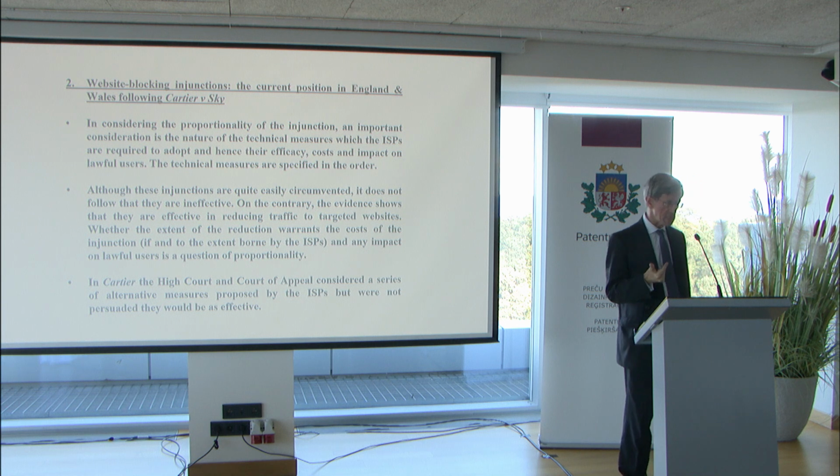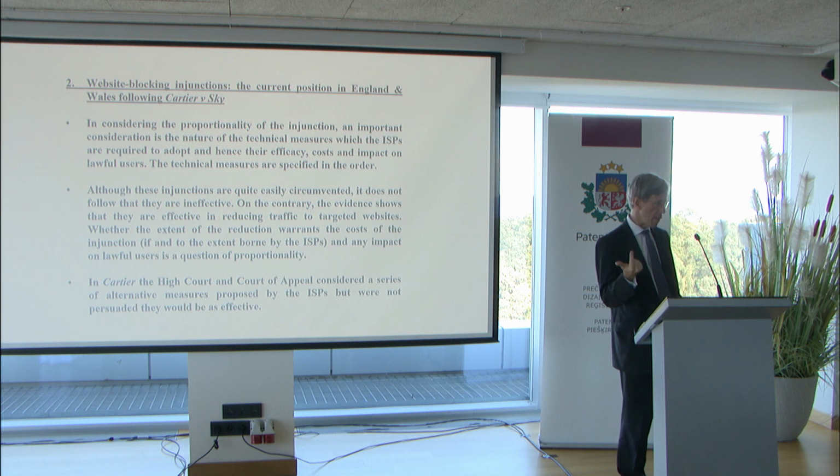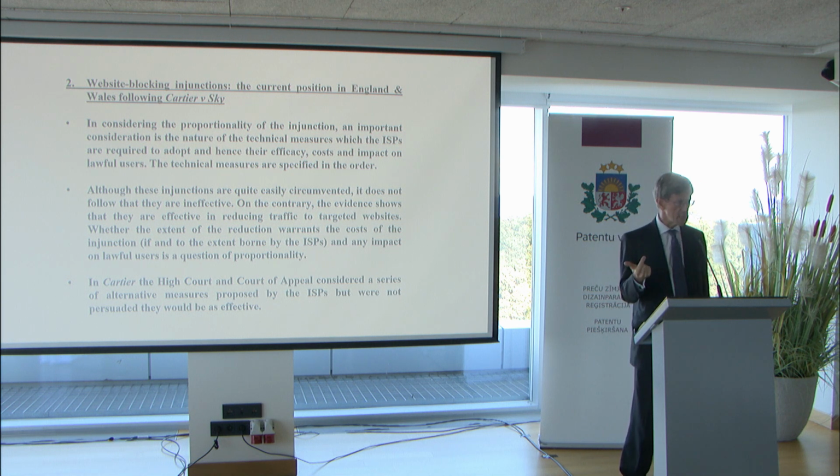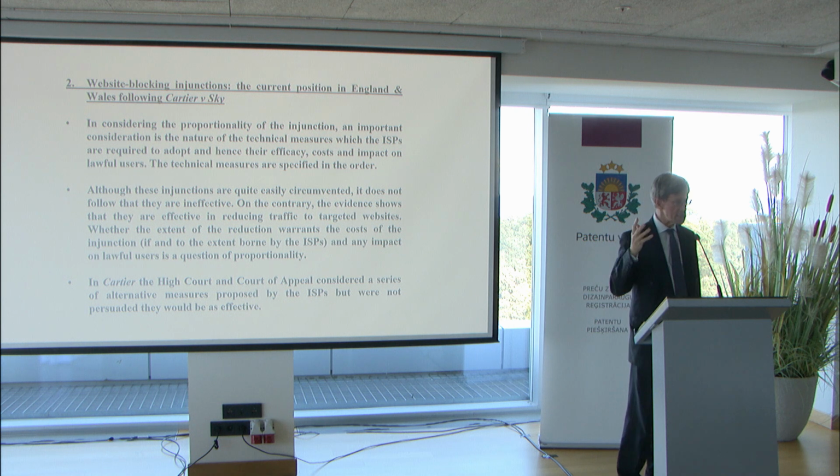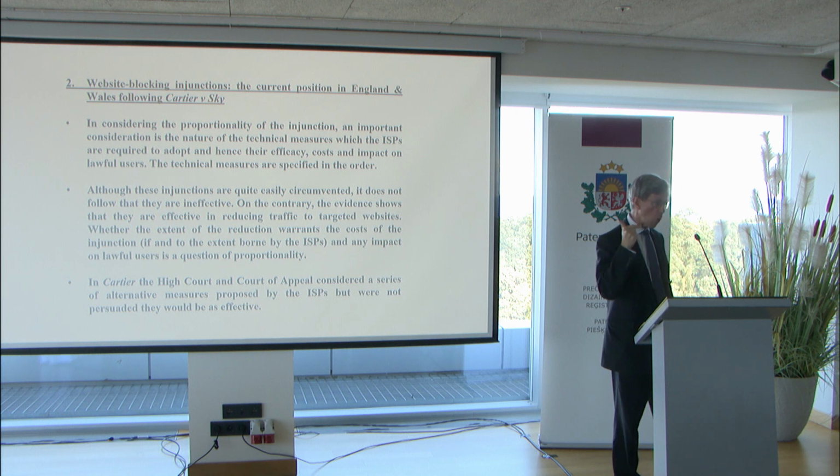This is not the practice in all member states. Some other member states, a notable example is Austria, do not require that to be specified in their orders. But in England and Wales, we think this is important because unless the court knows what technical steps are going to be taken, it's very difficult to assess their proportionality.